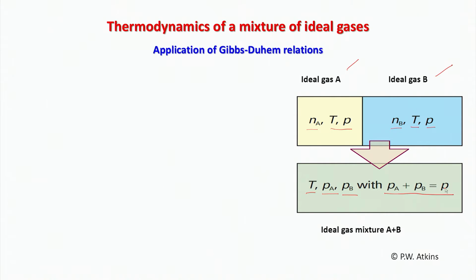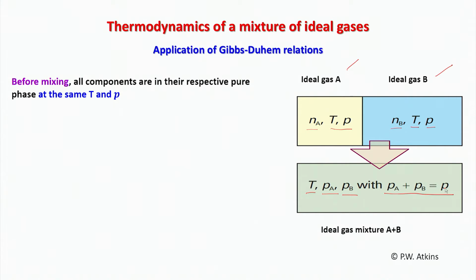Now, we are going to look at the application of the Gibbs-Duhem relation for this mixing process. Before mixing, I would like to emphasize that all the components are in their respective pure phases at the same temperature and pressure.